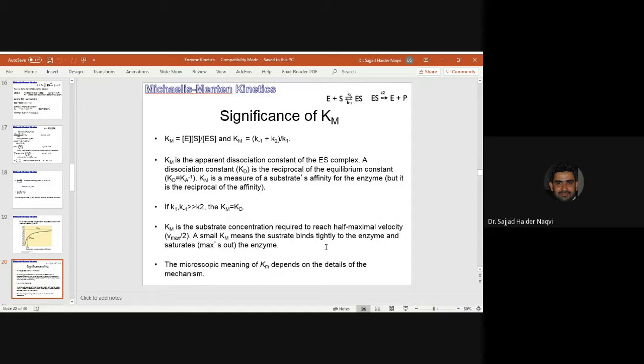A small Km means the substrate binds tightly to the enzyme. And as a result of the substrate binding tightly to the enzyme, the overall activity of the enzyme catalyzed reaction will be slowed down. Why? Because when the substrate is bound tightly with the enzyme, it's not going to dissociate into enzyme and product.